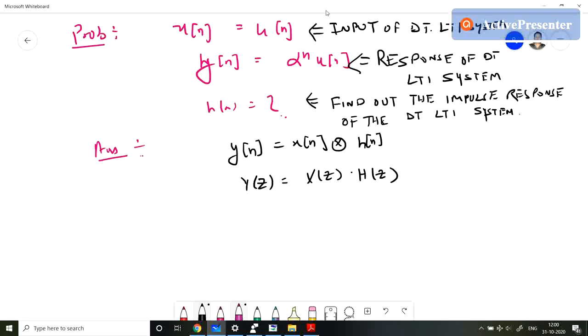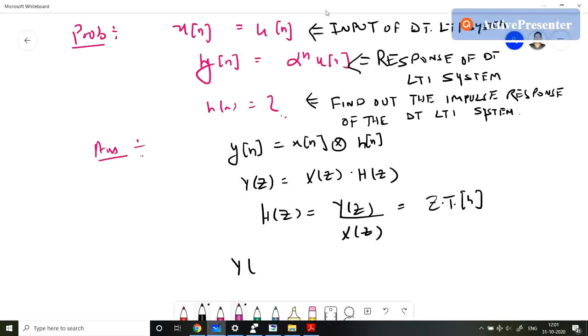Now what information do we have here? We have H(z) equal to Y(z) divided by X(z), and that is equal to the z transform of h[n].